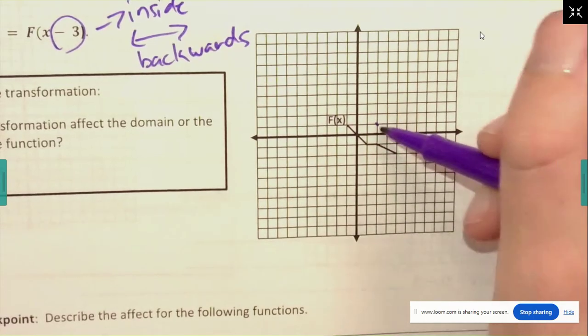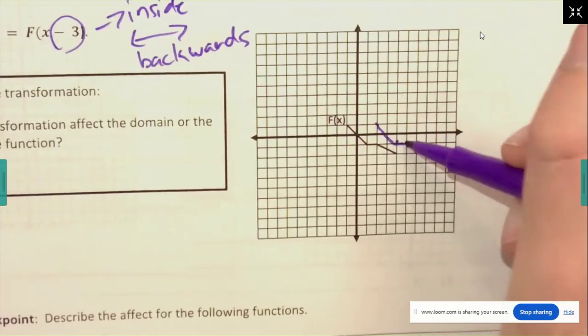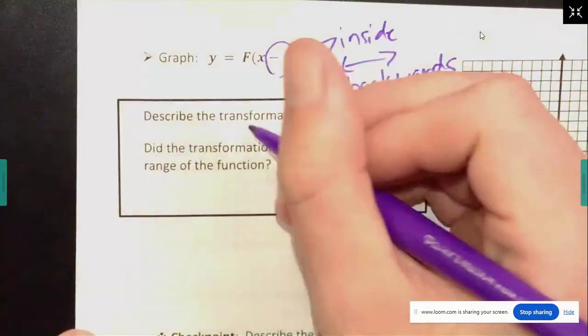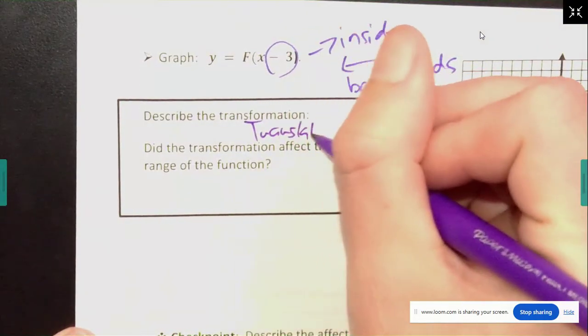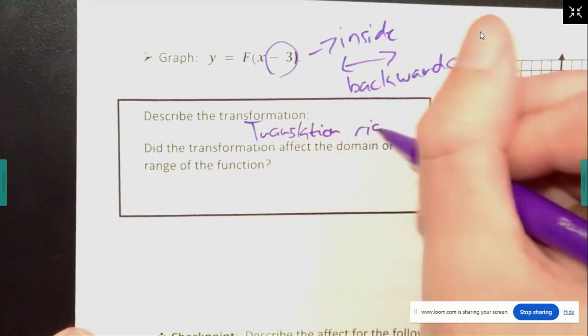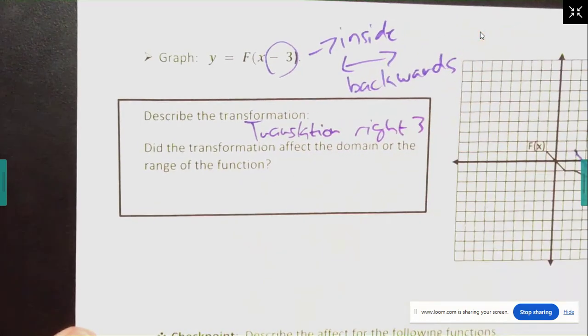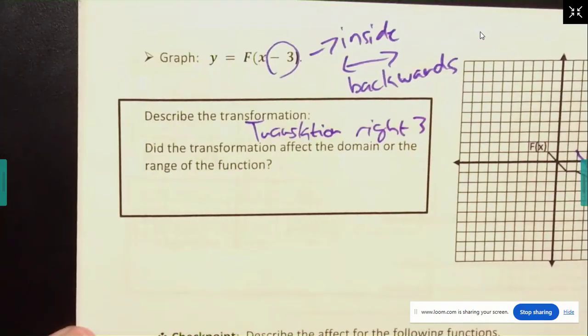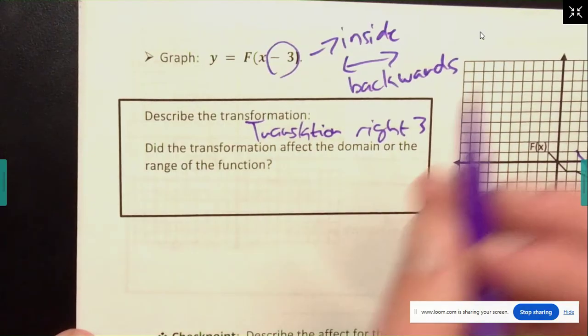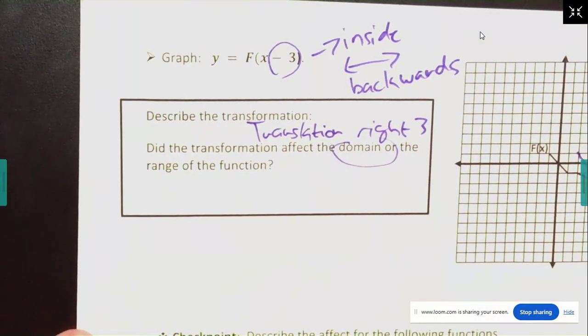So that's what I'll do. Okay, so we had a translation, right 3. Okay, and since I'm doing left and right movements now, right, left to right, I'm changing my x values so it affects my domain here and not my range.